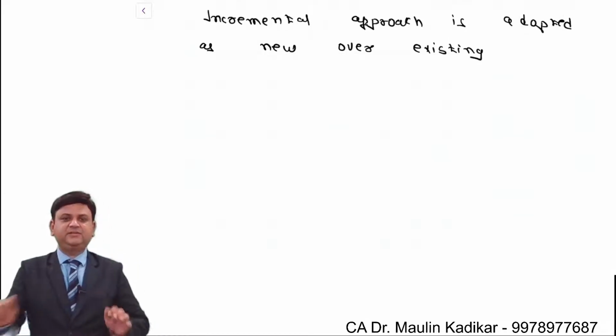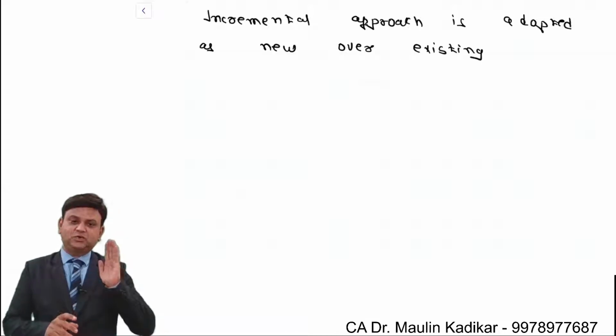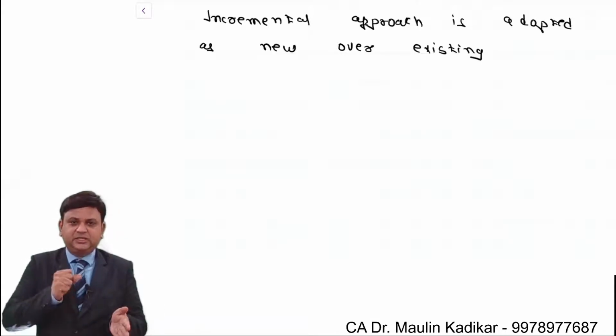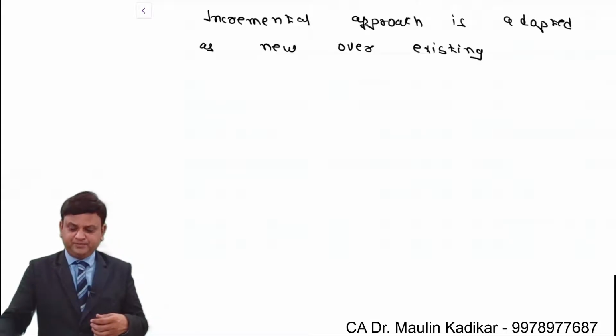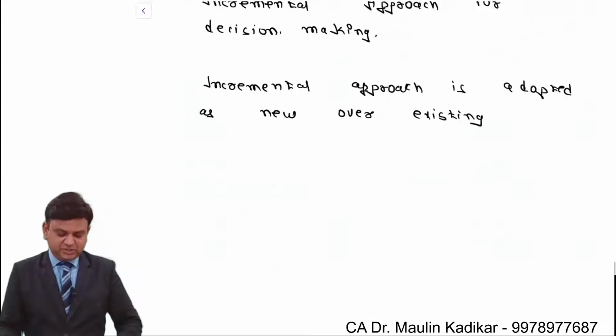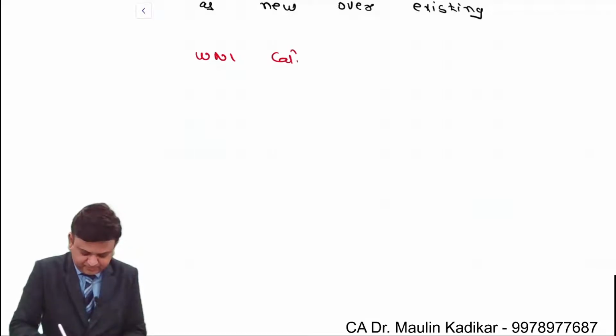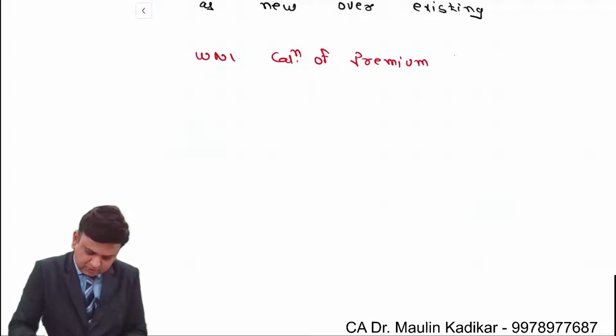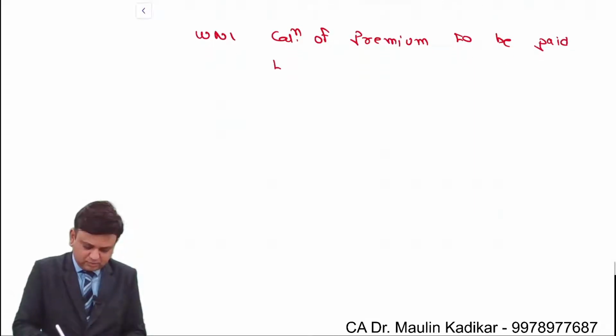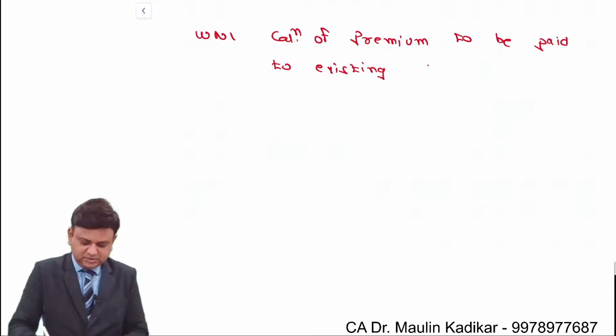Now, in case of the incremental approach, we are making a comparison like this. Let us go for the debt rescheduling over continuation with the existing debt finance. Friends, if we go for the debt rescheduling, then working note number 1 will be the calculation of the premium to be paid to existing bondholders.